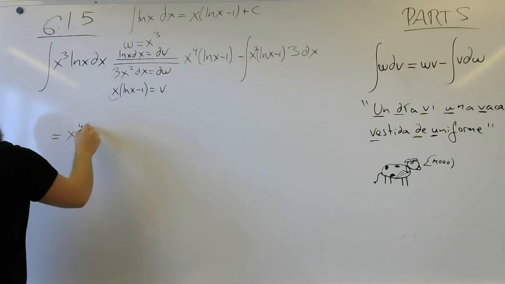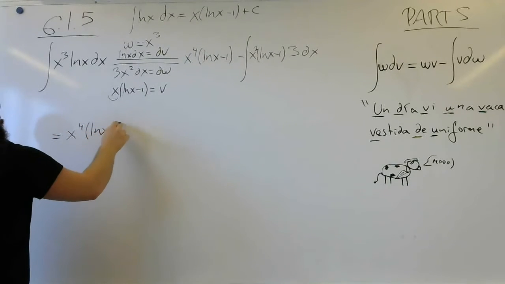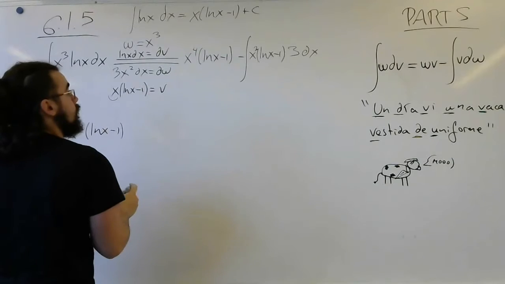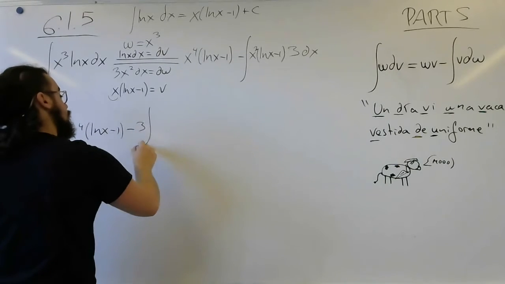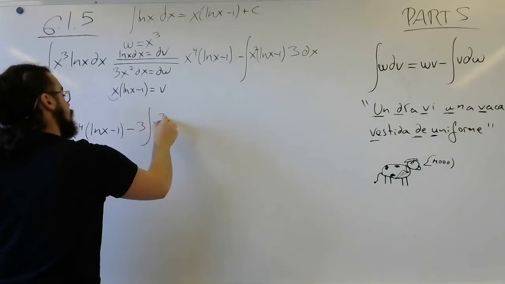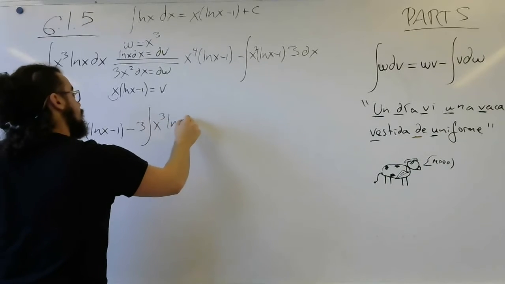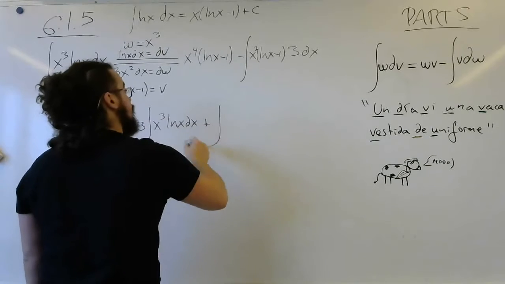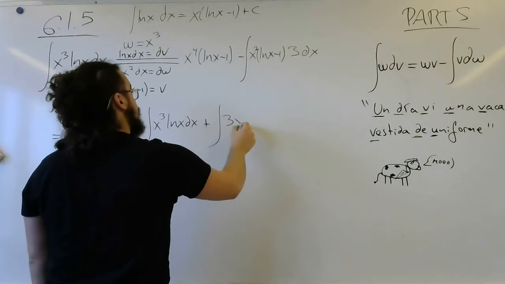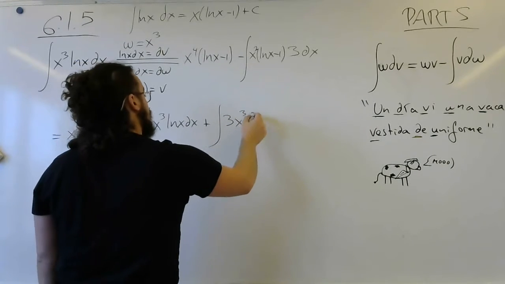This is x to the fourth logarithm of x minus 1 minus 3 integral of x cubed logarithm of x dx and plus integral of 3x cubed dx.